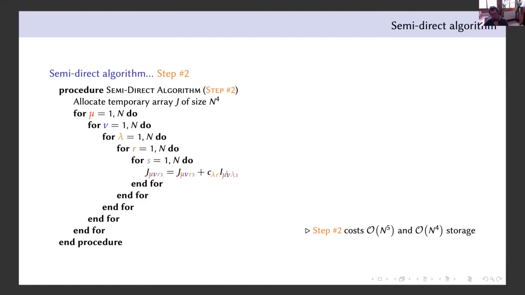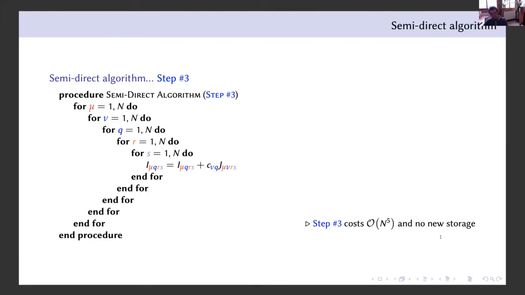So here I'm going to reuse the I array that I allocated just before, and I'm going to accumulate in J, okay? And that's going to cost me n to the 5, and again n to the 4 in storage, because I need to allocate a second array of size n to the 4, okay?